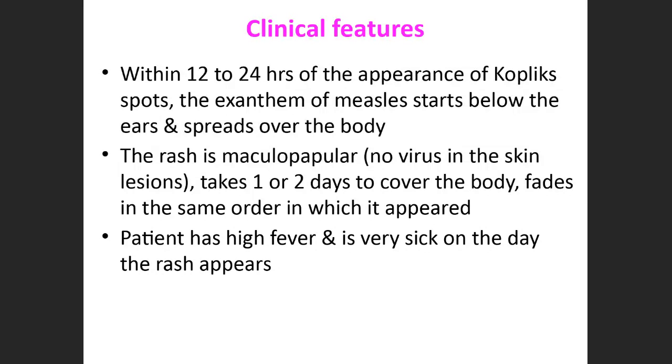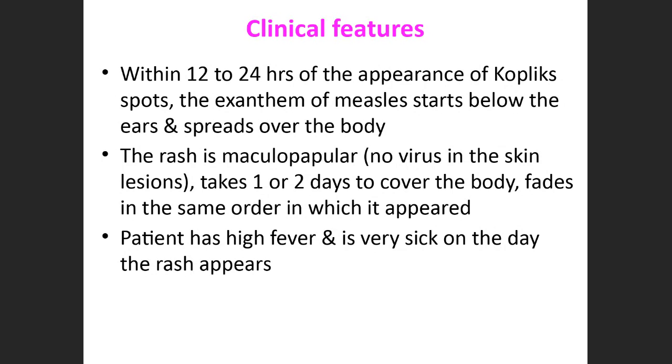Now, after the spots appear, after a couple of days, a typical measles rash appears below the ears. It starts from below the ears and spreads over the body. The rash is typically maculopapular, and it takes 1 to 2 days to cover the whole body, and later on it fades in the same order in which it appeared.